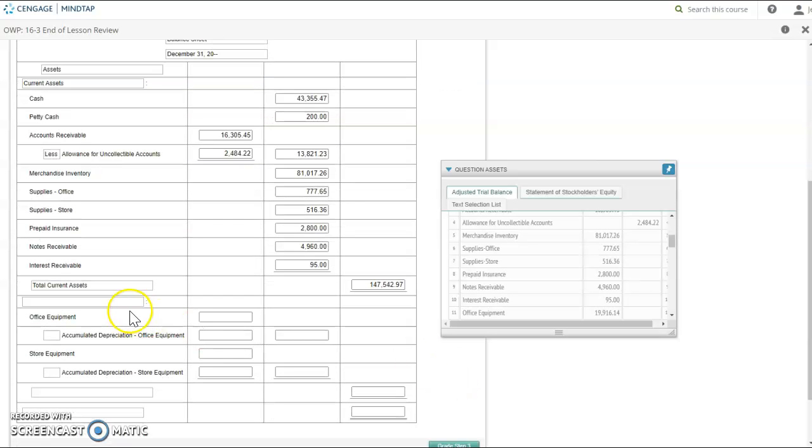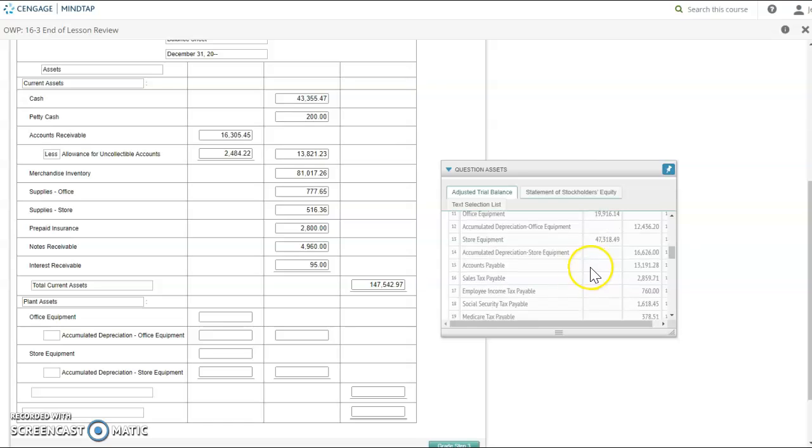Okay, now I'm going to move on to my plant assets. So I'm going to put in that label of plant assets. Okay, and I have my office equipment of 19,916.14. Same thing like I did up here, I'm going to less my contra account, and my contra account is 12,436.2.